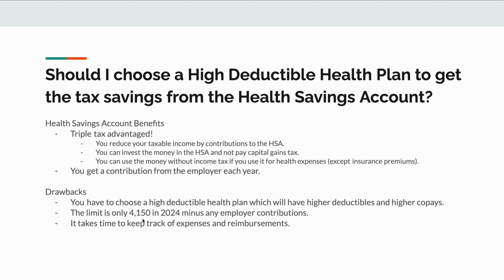It's only about $4,000 that you can contribute to this account. And there's going to be some bookkeeping involved to track the expenses, because the best strategy with this account is to put the $4,000 into the account, invest the money, and do this for 20 years or so.